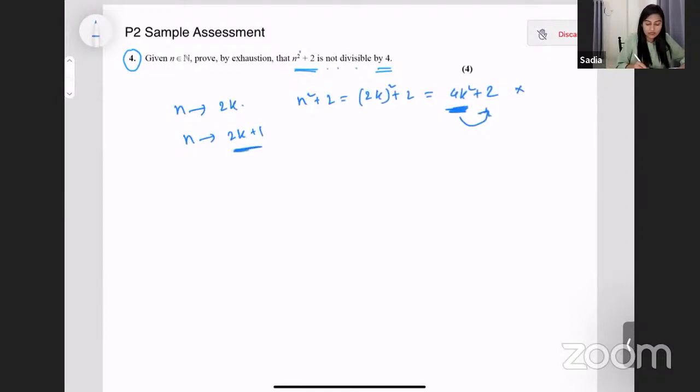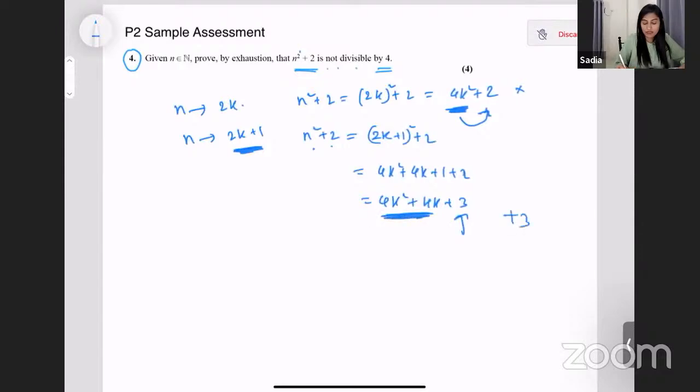Similarly, when you select n as odd, n squared plus 2 is (2k plus 1) whole squared plus 2. So 4k squared plus 4k plus 3. This part is a multiple of 4, and then you have a plus 3 over here.